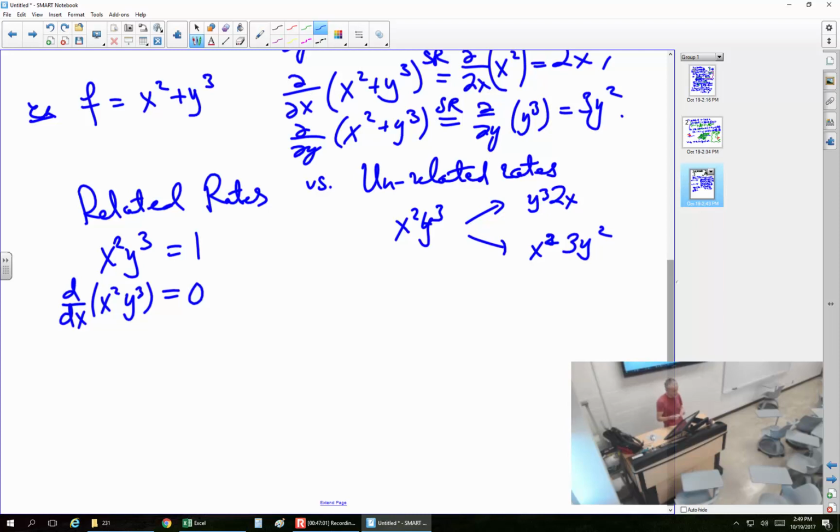So related rates, you have x and y related to each other. In fact, we think of it as if y depends on x, and we differentiate in that manner. So to differentiate this expression, I apply the product rule, and so I have 2xy cubed, the first term, and the second term is x squared times what? 3y squared dy dx.